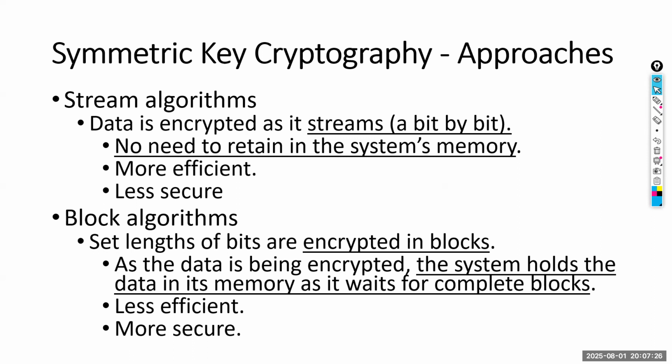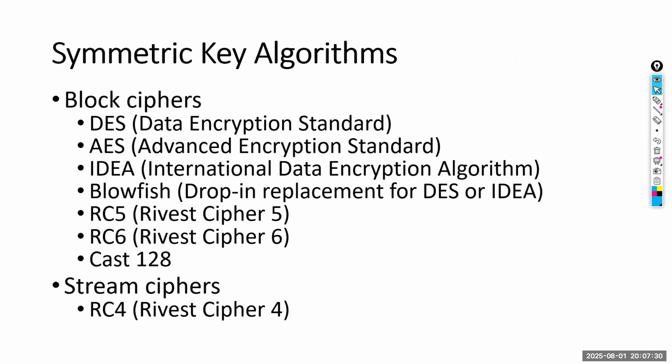We will look at both these algorithms for symmetric key. First, we will look at the block ciphers because block ciphers are the more commonly used ciphers. Stream ciphers are a little bit weak in security, whereas block ciphers are stronger. So we will look at some of these block cipher algorithms.